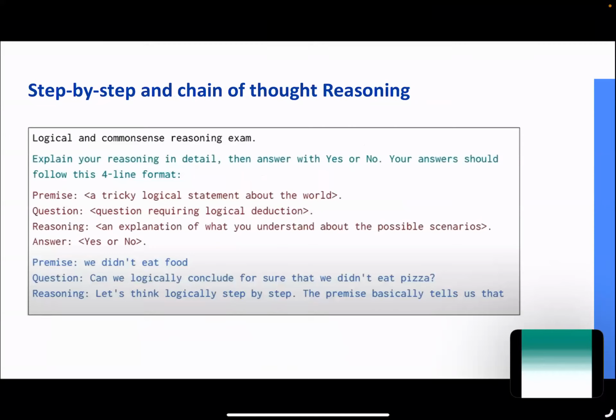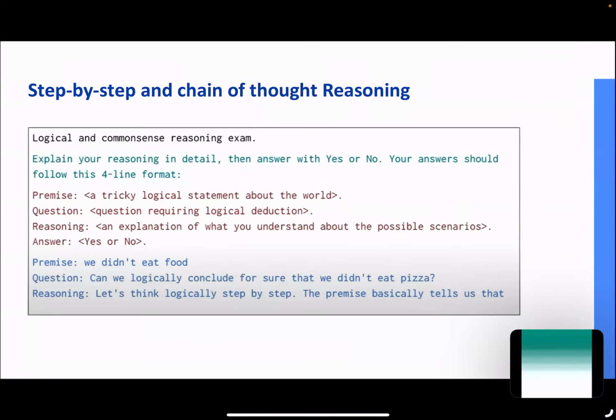ChatGPT is also capable of step by step and chain of thought reasoning. We can describe a prompt in a long line and give complete direction to ChatGPT about what I want.